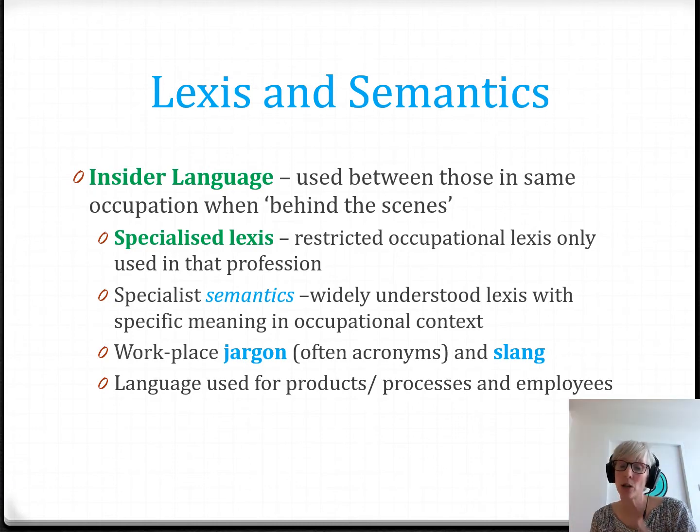What you think is jargon, someone else might say is specialist lexis. I'm afraid I can't be more specific than that. That is what those words mean. And if you work in retail, language that's used for products, processes and employees is often where this kind of specialist lexis and semantics emerges.